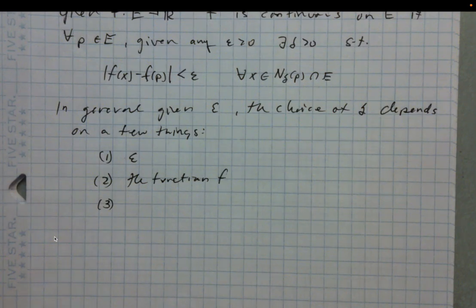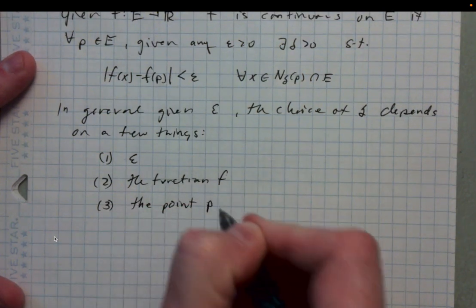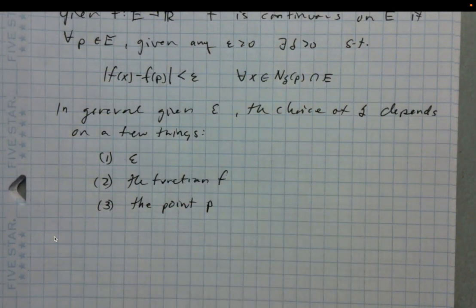If we're trying to test the continuity at the point p, very often that point is going to influence the choice of delta. So these three things very often come into play when determining an appropriate delta given an epsilon.